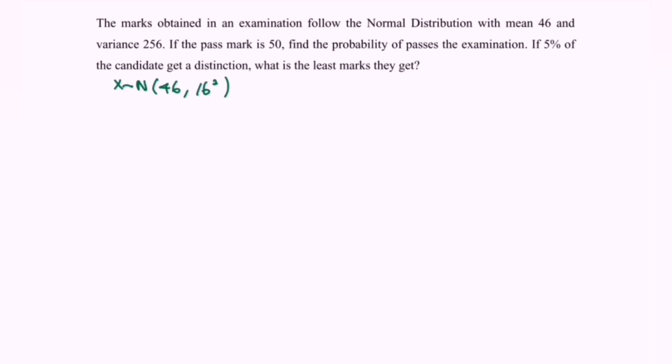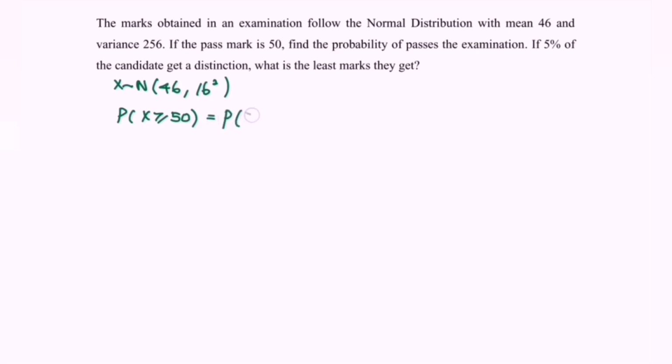If the pass mark is 50, find the probabilities that a candidate passes the examination. So means that the first one, where we have probabilities that x is greater equals to 50. So what we have to do now, the first step would be standardize the situation.